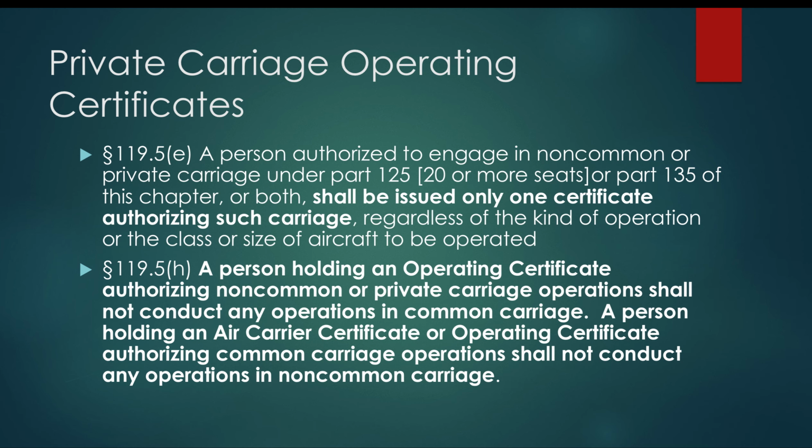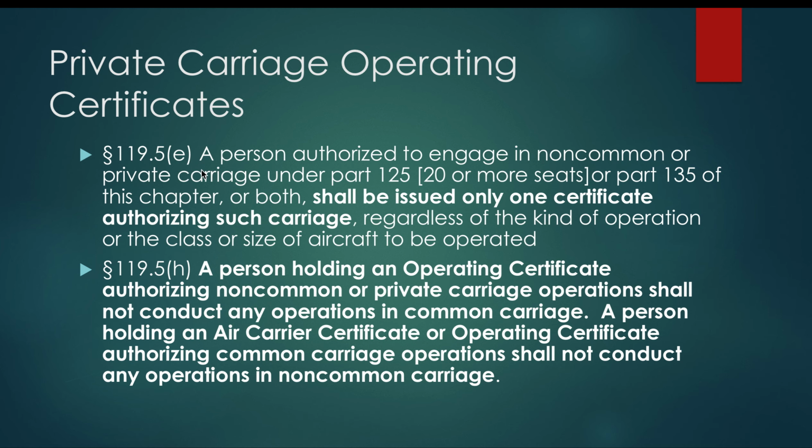Okay, so let's look at a couple regulations. If you're flying in uncommon, in other words, private carriage, under Part 125, which means you have 20 or more seats, or Part 135, which means you're on demand or you're a charter operation, you shall be issued one certificate authorizing such carriage. That one certificate is called an operating certificate, and it will either be for private carriage or for common carriage.